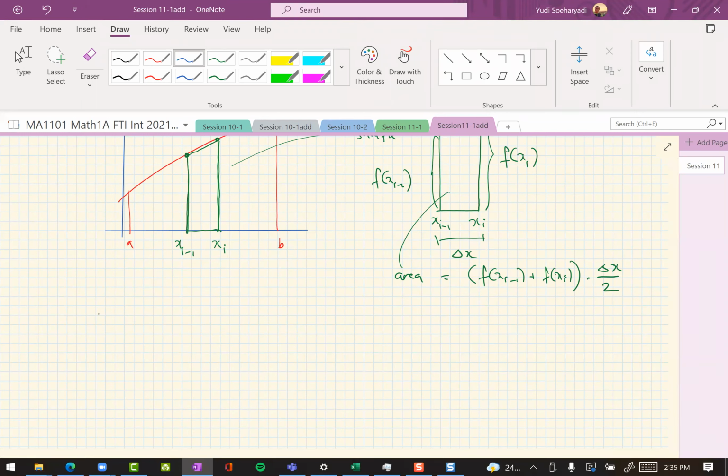If you sum them up, you would get something. Here delta x is (b minus a) over n, that's the length, and x_i is a plus i times delta x. So that's the formula.